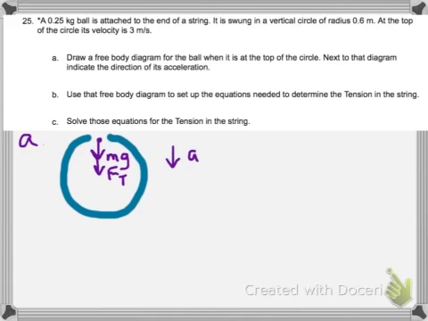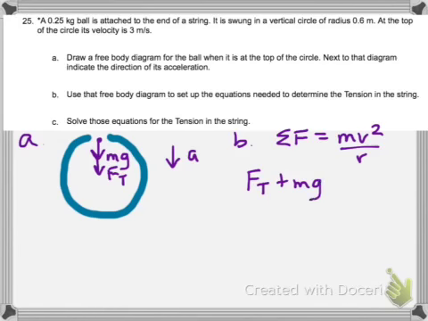In part B, they ask us to use this free body diagram to set up an equation to determine the tension in the string. So for part B, we're going to be talking about our net force, and we know that our net force equals mv squared over r when we're talking about circular motion. So as far as our net force is concerned, we have our force of tension and our force of gravity.